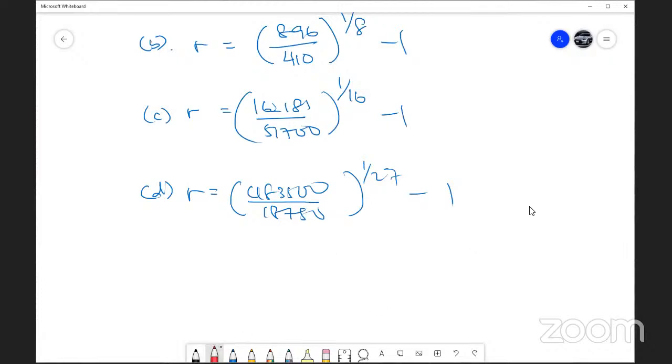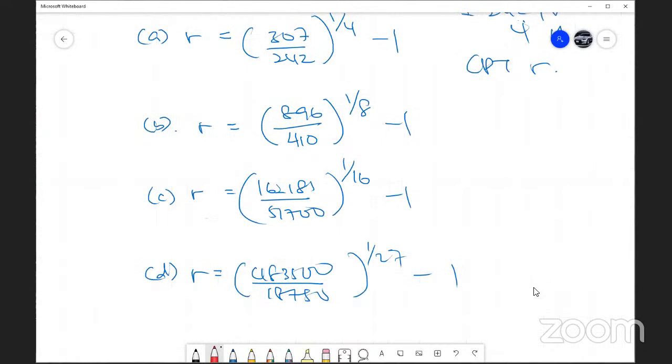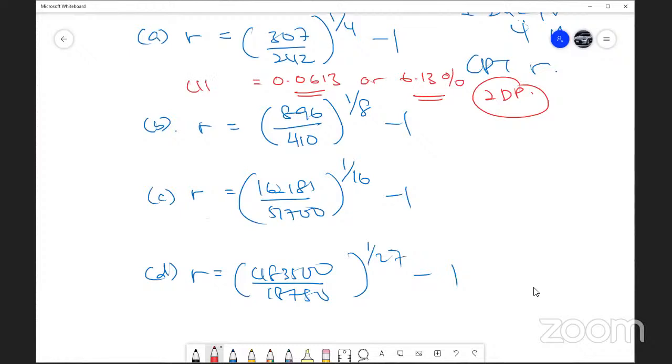So what are the answers that you can get here? For A, you should be getting 0.0613 or 6.13%. If you're changing it to percentage, you only need to write 2 decimal points. But if you did not change it into a percentage, you need to have 4 decimal points.